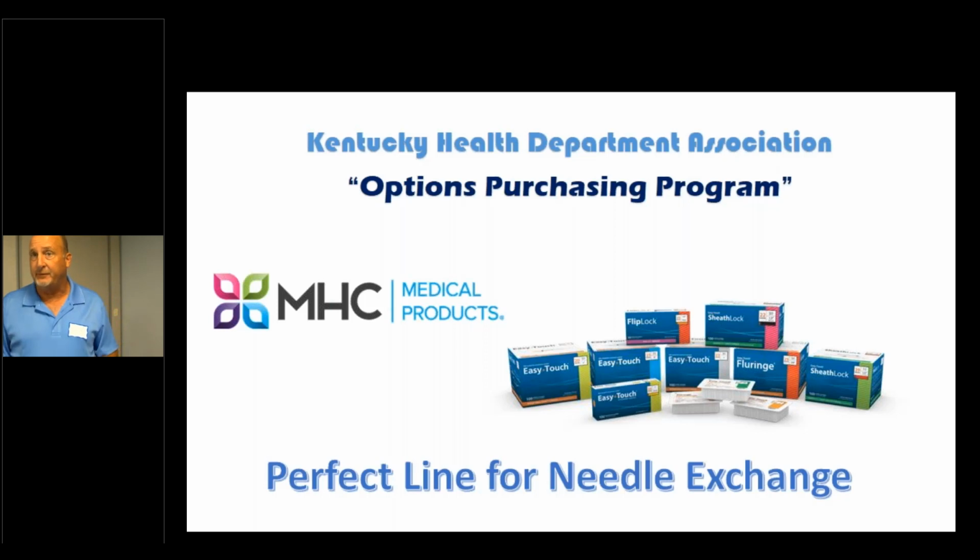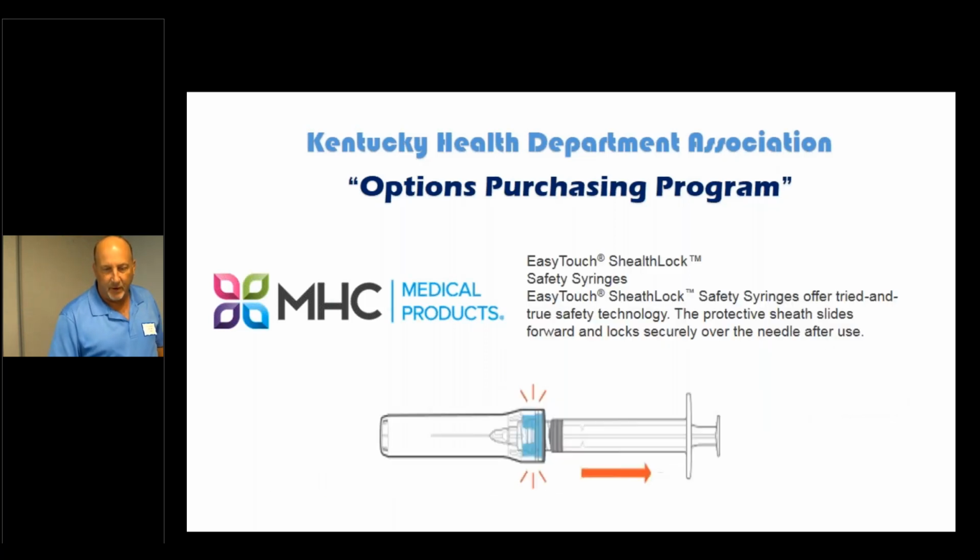Lexington Fayette typically uses a 29 gauge, 1 cc by ½ inch needle, and we have an MHC brand syringe and needle combination. Now it's not retractable, but Lexington Fayette did not want the retractable syringes. Other counties do want retractable, and we're working with you on those opportunities.